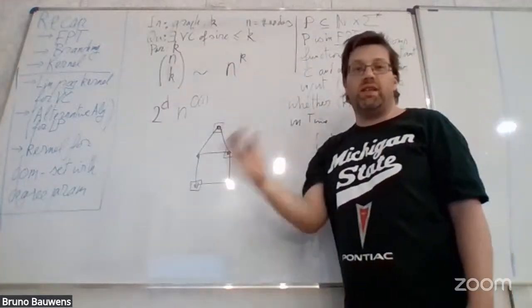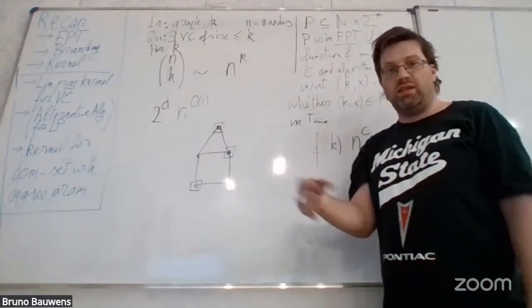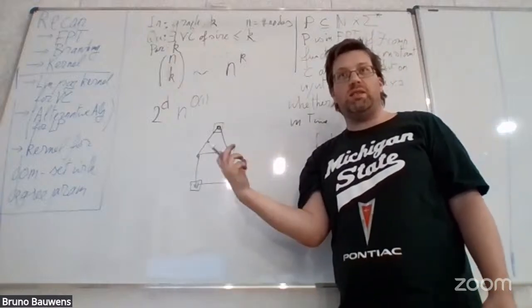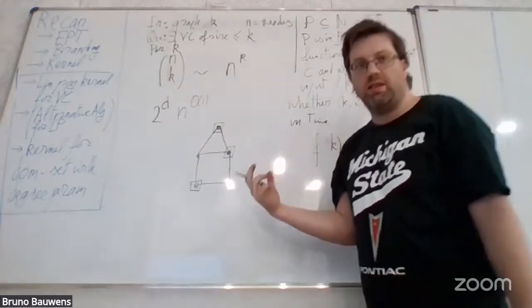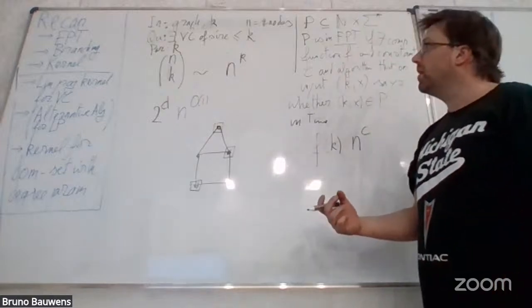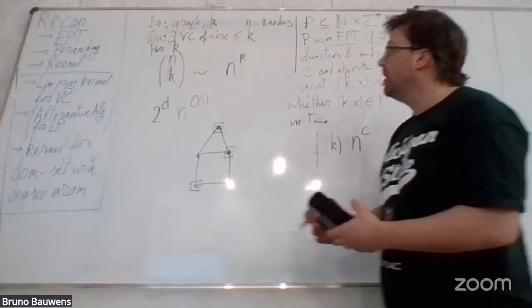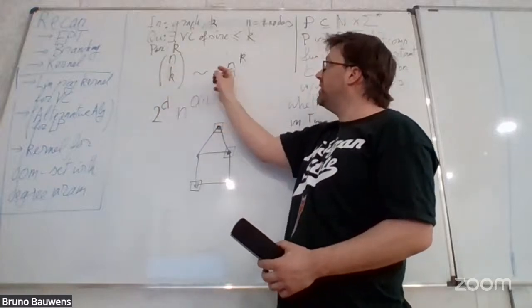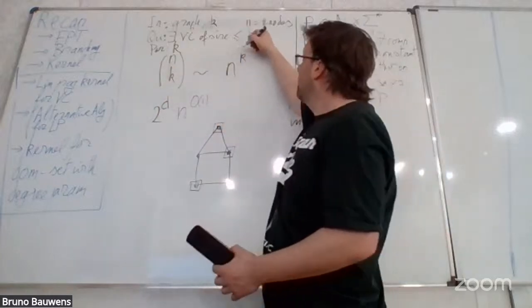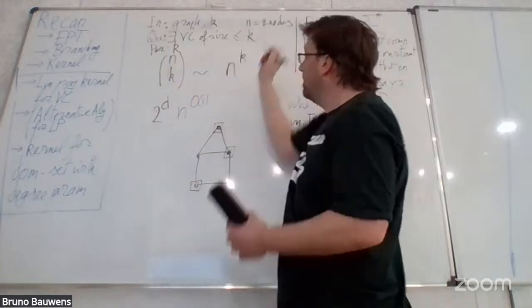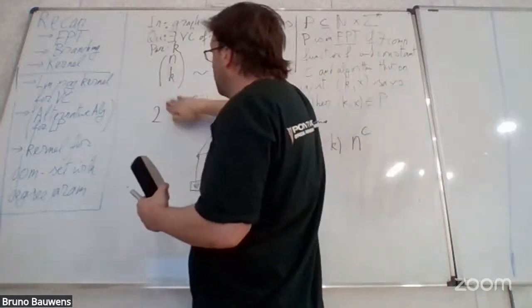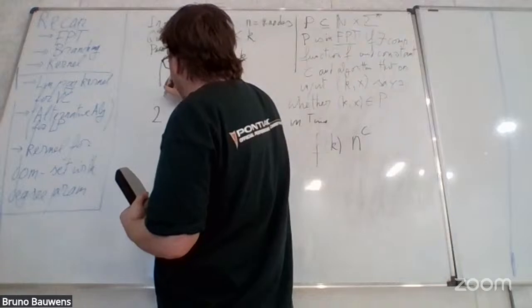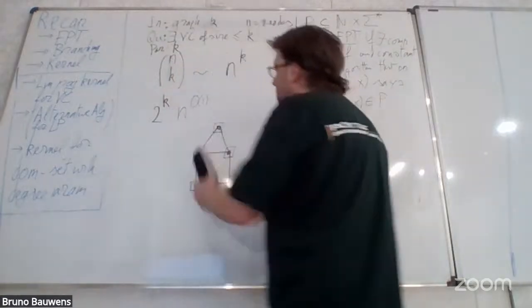When we ask, does there exist a set of size at most k, then the size k is the natural parameter. Brute force is n choose k, which is basically n to the power k, which is very bad. And we can do it in 2 to the power k times n to the power of 1.